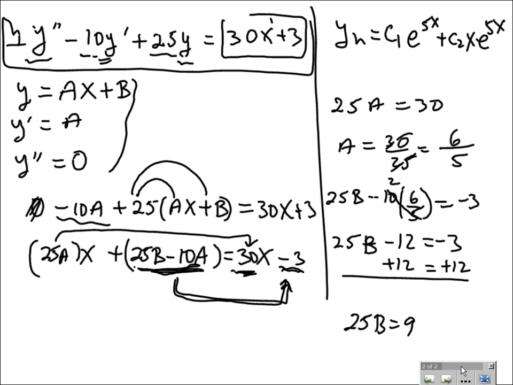The left side is 25b's, and the right side, 12 plus 3, which is 15.